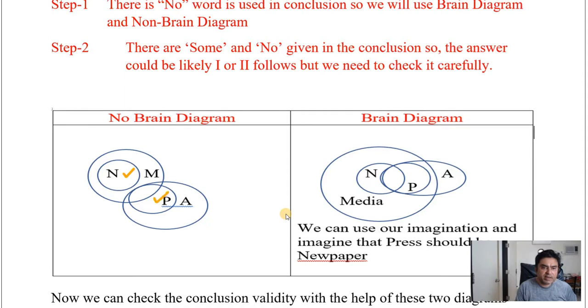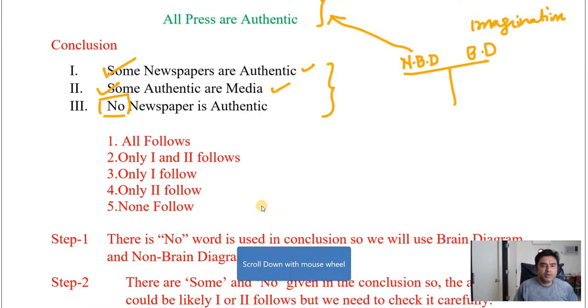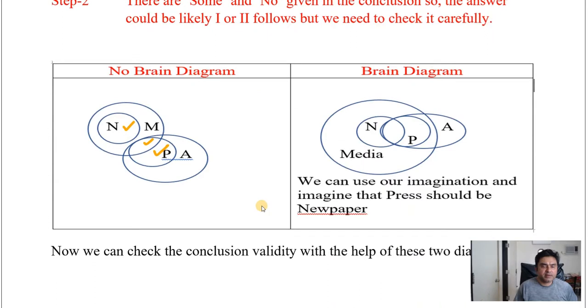No newspaper is authentic. So this is a newspaper and this is authentic. This is a non-brain diagram as per the statement. Now, as per the brain diagram we can use our imagination and imagine that press should be part of newspaper. So here is press and this is newspaper, this is authentic and this is media.